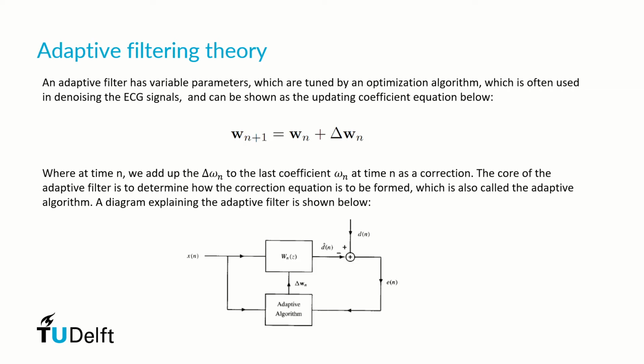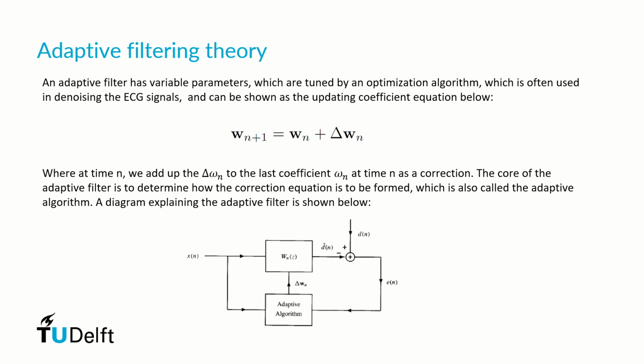So, what is an adaptive filter? An adaptive filter has variable parameters which are tuned by an optimization algorithm, which is often used in denoising the ECG signals and can be shown as the updating coefficient equation, which is shown on the slide. Where at time n we add up the delta omega n to the last coefficient omega n at time n as a correction.